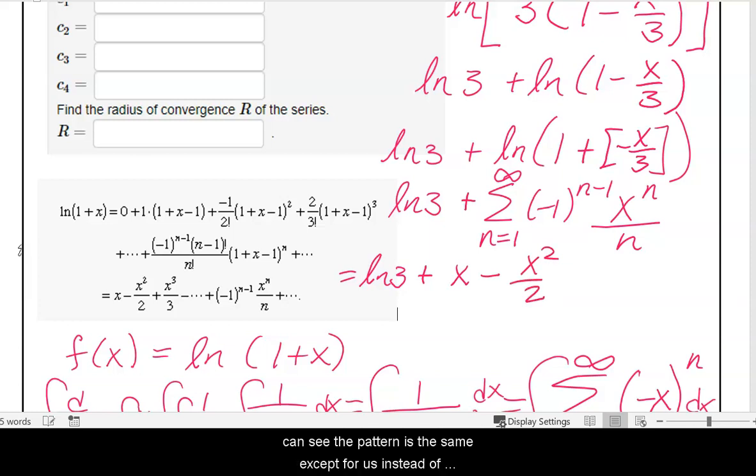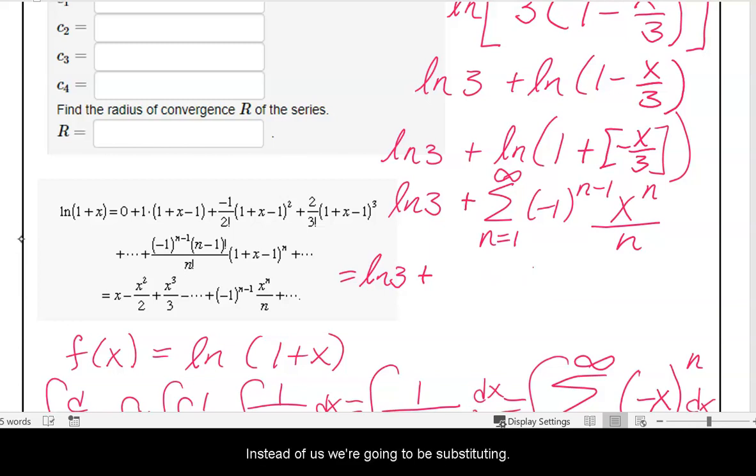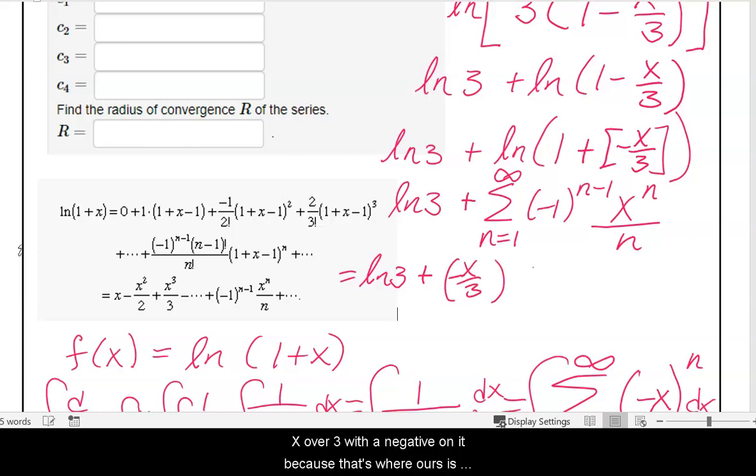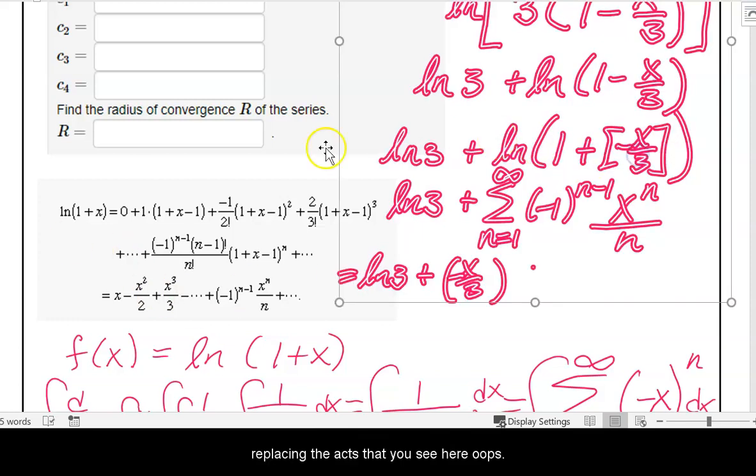So you can see that the pattern is the same, except for us, instead of substituting x, what are we going to substitute in place of x? Kind of need more space. Instead of x, we're going to be substituting x over 3 with a negative on it, because that's what ours is. If you look up here in our formula, that's what's replacing the x that you see here.